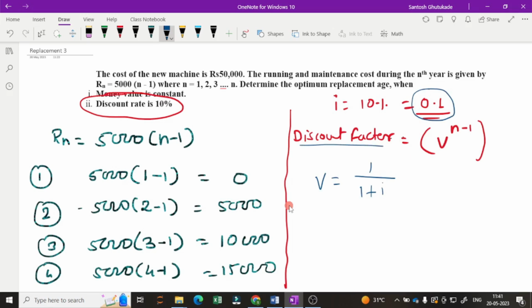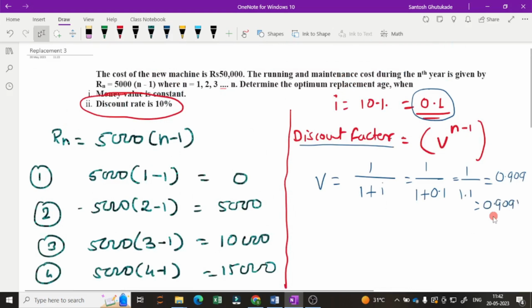So v is 1 upon (1 plus 0.1), that is 1 upon 1.1, and if you solve this you will get 0.9091. So 0.9091 is the value of v.